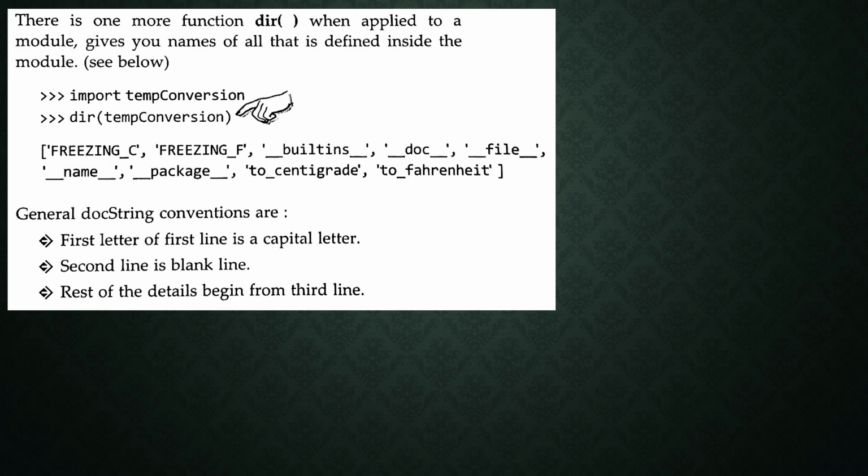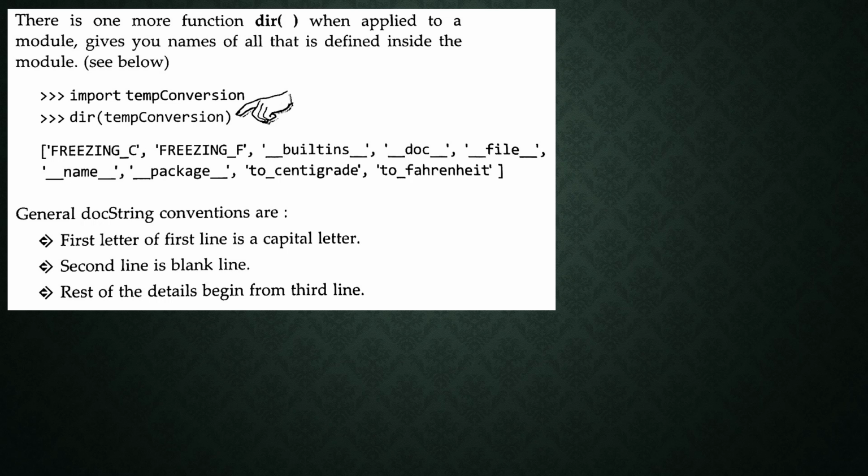Okay, these are the general doc string conventions: first letter of the first line is a capital letter, second line is blank line, and the rest of the details begin from the third line.